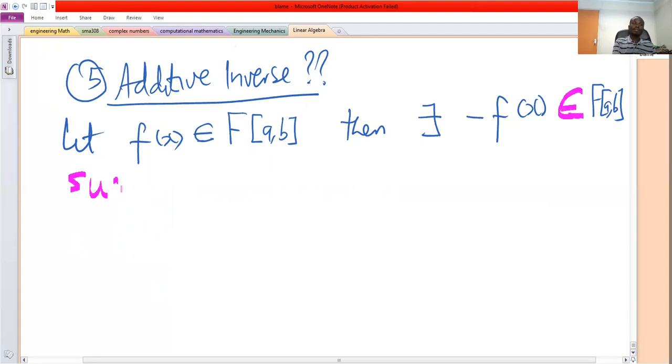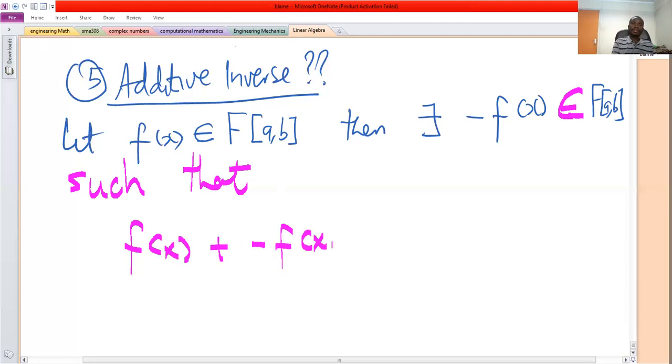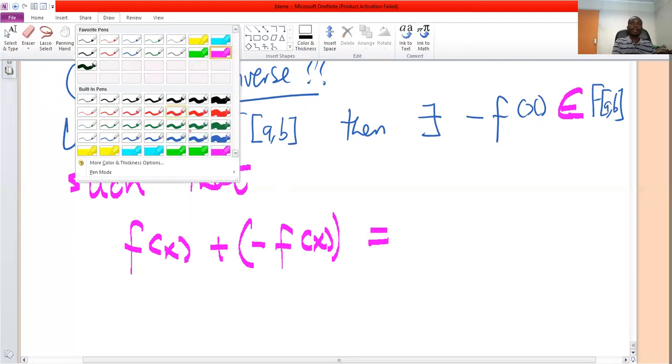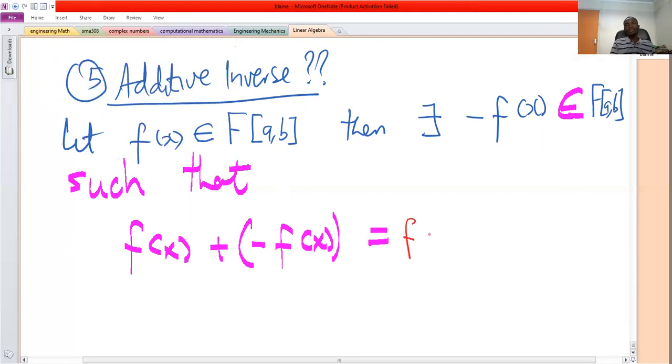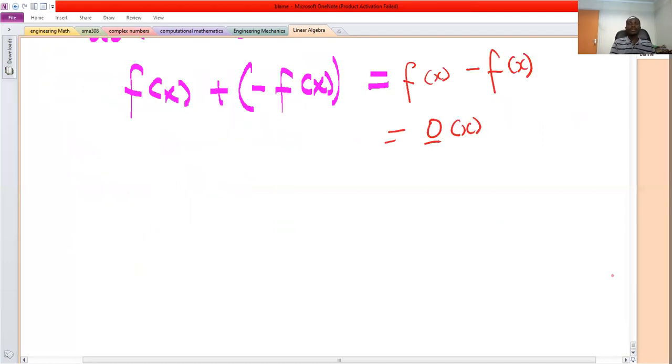Such that if I pick f of x plus minus f of x, then I'll have f of x minus f of x, and this will give me 0, or this difference of two same functions.